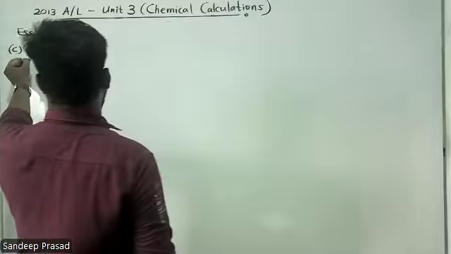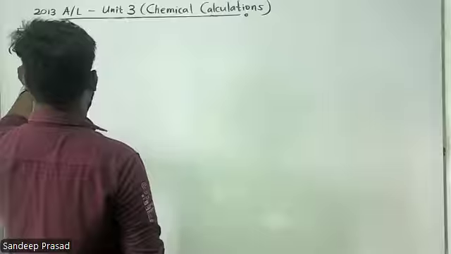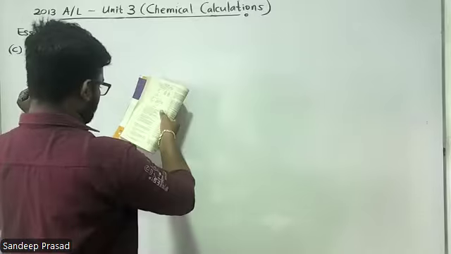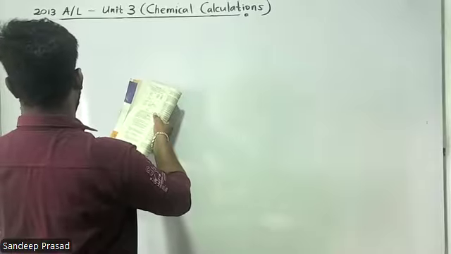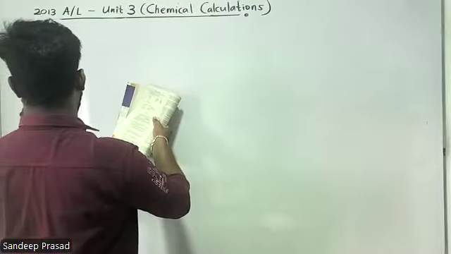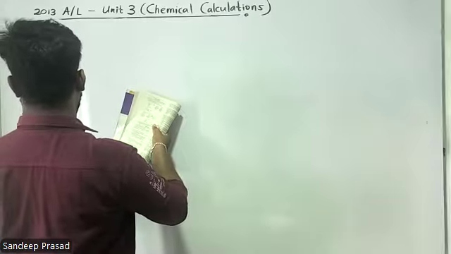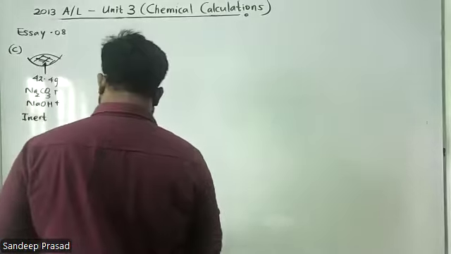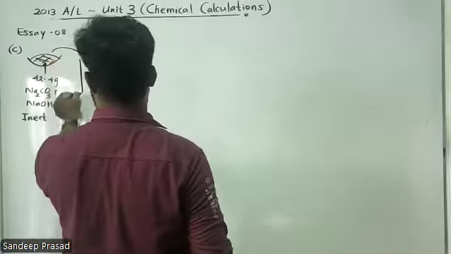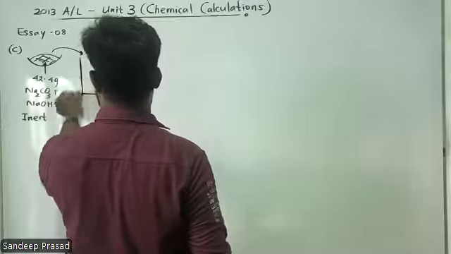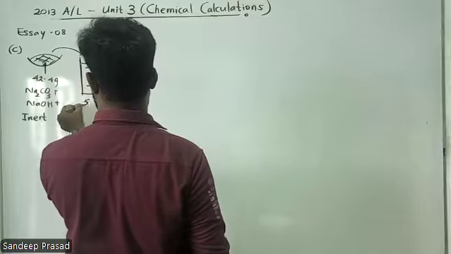So there is a chemical mixture, 42.4 grams, containing sodium carbonate, sodium hydroxide, and some inert substances. They have dissolved this in a volumetric flask and prepared a solution.